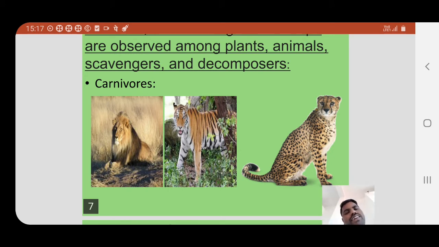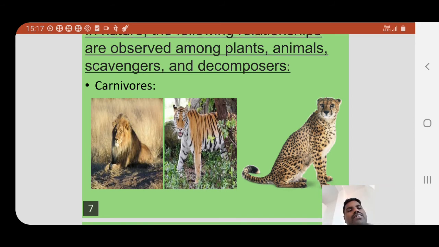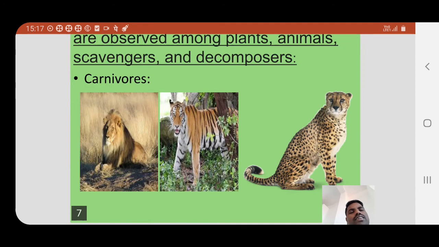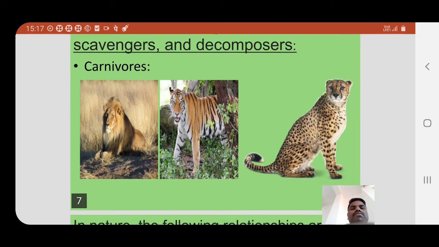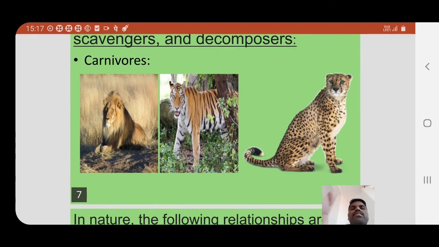Lion, tiger, and cheetah: these animals eat only flesh, meaning meat. The animals which eat only meat or flesh are called carnivores. We call these animals the secondary consumers.